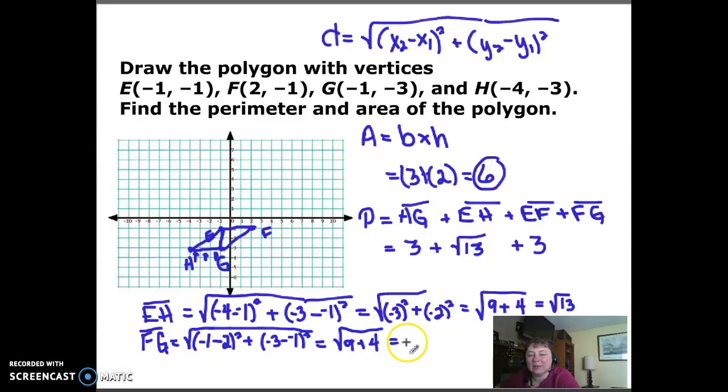You can see again we get square root of 13. Alright, so plug that into your calculator. 3 plus square root of 13 plus 3 plus square root of 13. Should end up with your perimeter being approximately 13.21 units.